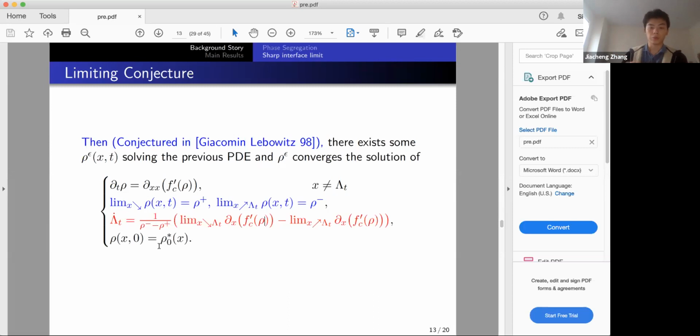And also we want to make sense of how this convergence works, or how we can prove this convergence rigorously rather than just having a formal asymptotic expansion there. And I will explain that formal asymptotic expansion in a while. But in our work, we make sense of this equation and also prove the convergence more rigorously.